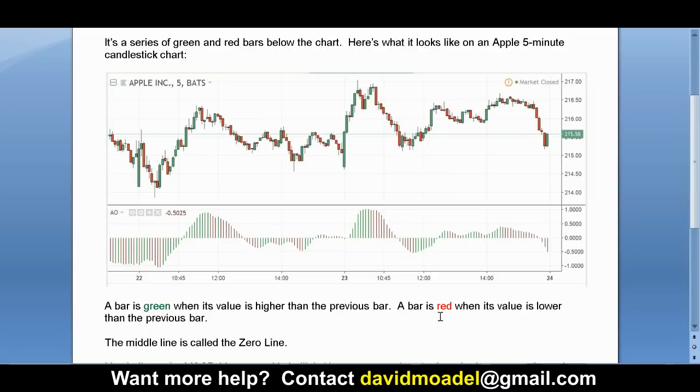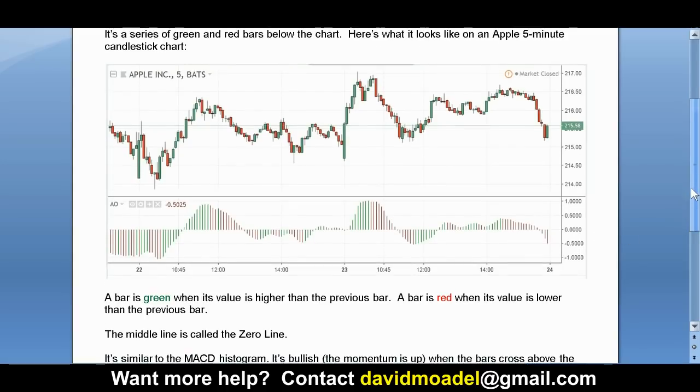And a bar is red when its value is lower than the previous bar, according to the formula. Pretty simple. And this middle line here is called the zero line. As we can see, there it is. It's on value 0. It goes up to 1 and all the way down to -1. And the fractions, or the decimals, are in between.